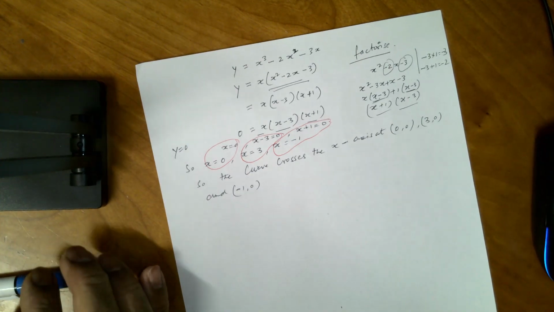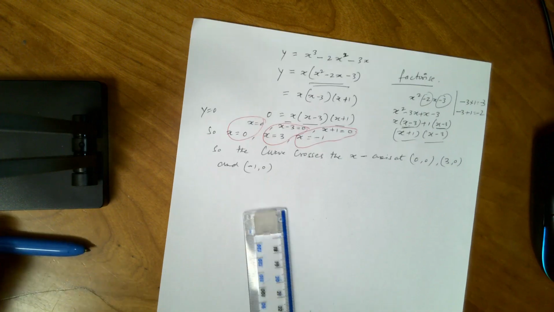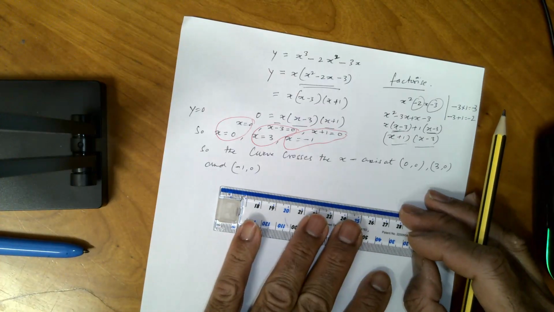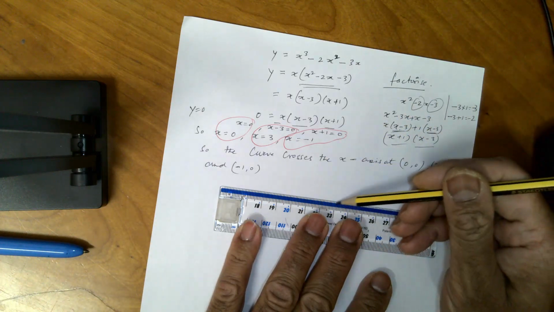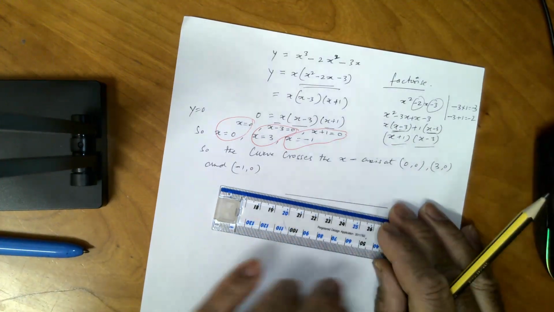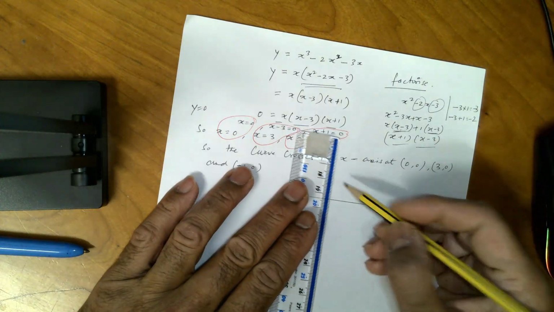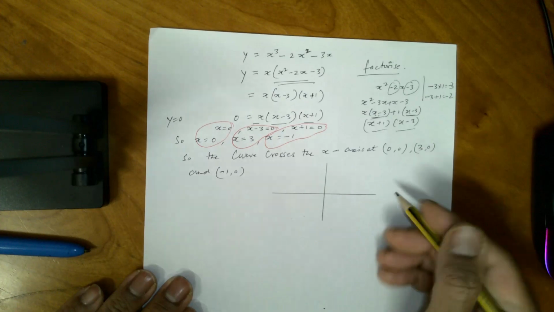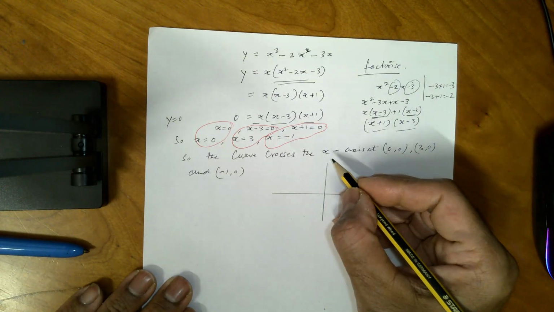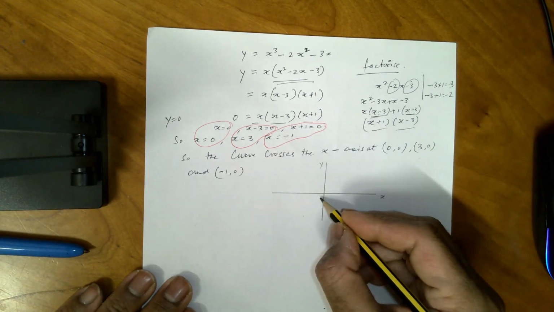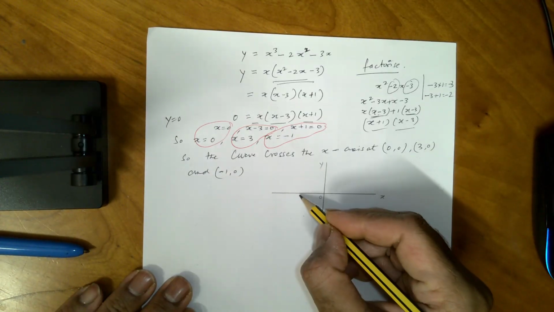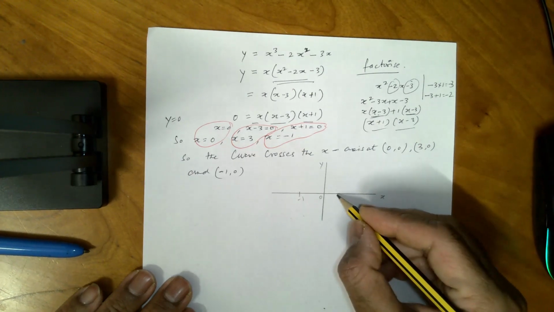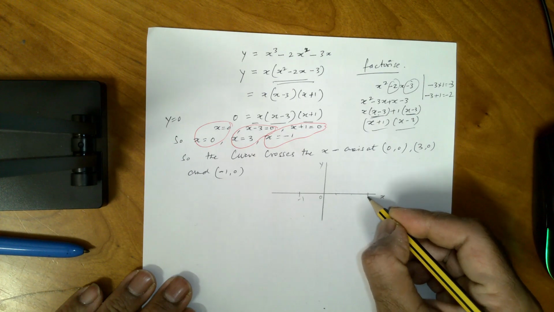So let's do this. At least you know these 3 points. So this is your x, and that's your y. That's your minus 1, 0 and this 0, let's say 1, 2, and that's your 3.